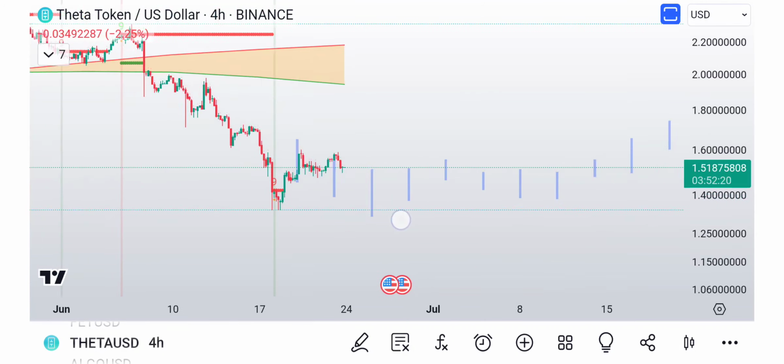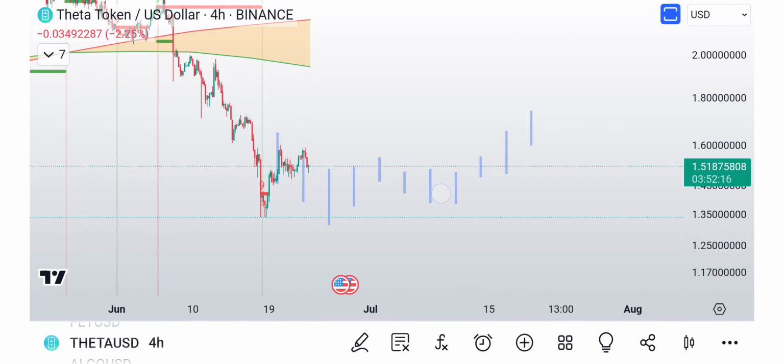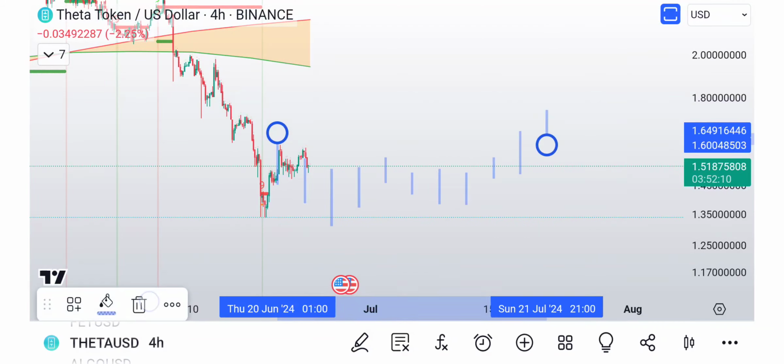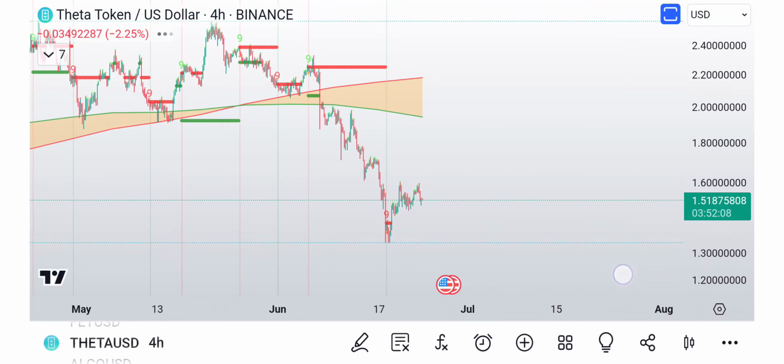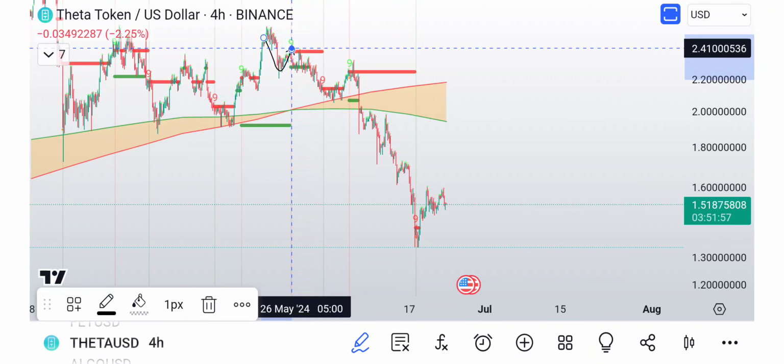So, when I put it like this, we can still come back down and retest some of these lows in here. And that's where we're using the 9, but we're also using Elliott wave as well. One of the things talked about with Elliott wave is 1, 2.